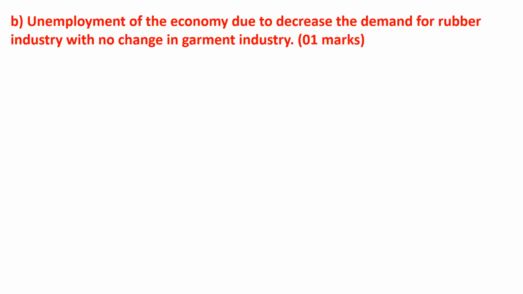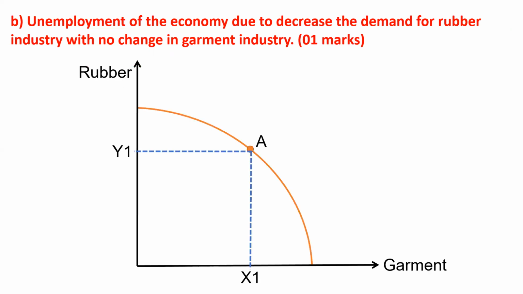Unemployment due to what? Demand for rubber. Now, again, you have to go to a point. Select the point. And this A point should be changed. What is the change? Unemployment of the economy due to decrease in the demand for rubber.